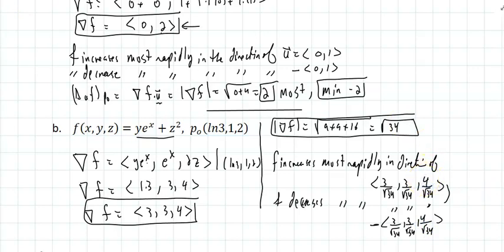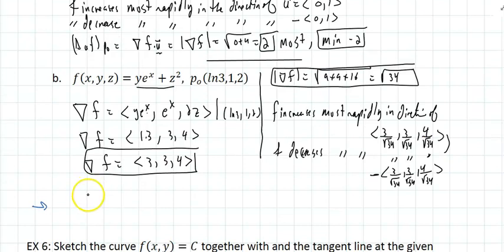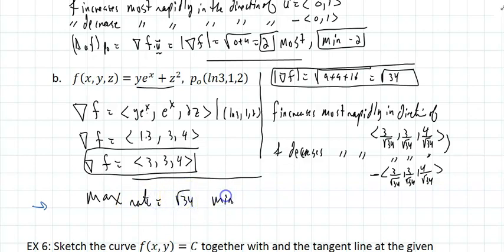There. And the maximum rate out of this would be radical 34, and the minimum rate would be negative radical 34.